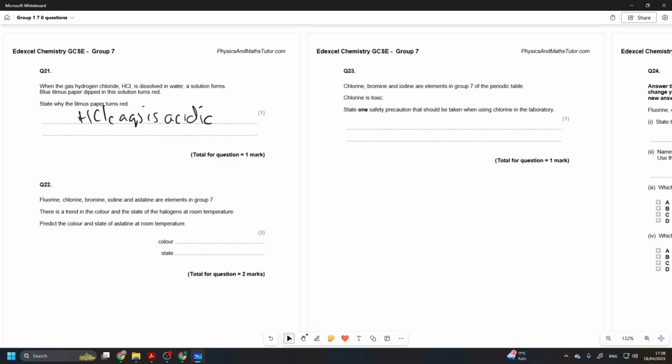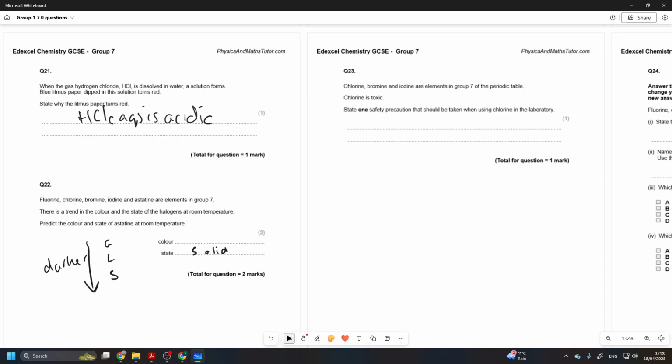Right, fluorine, chlorine, bromine, iodine and astatine are elements in group 7. There's a trend in the colour and the state of the halogens at room temperature. As you go down, the colour gets darker and the state goes from gas to liquid to solid. So you need to say the state's going to be a solid, because iodine is a solid.